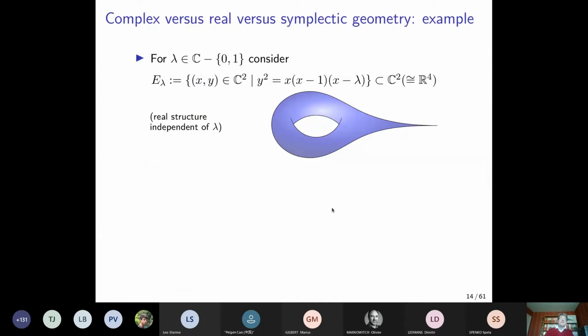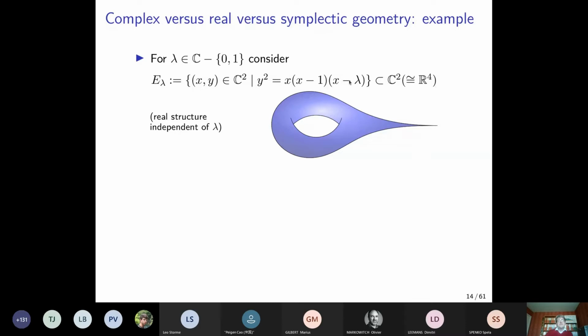So what we will be considering is subsets of the complex 2-space. So 2 complex coordinates, but you have to remember that a complex number is itself 2 real numbers. So this is actually the same as real 4-space.